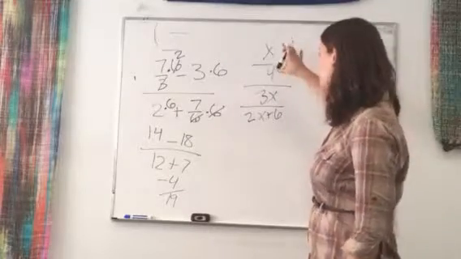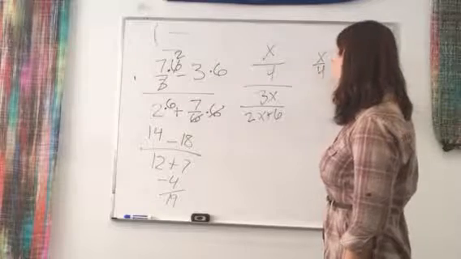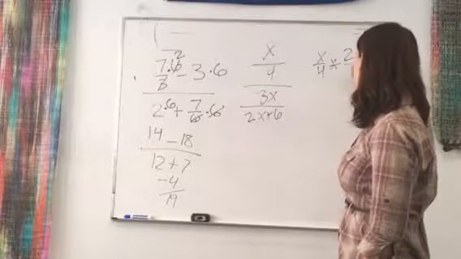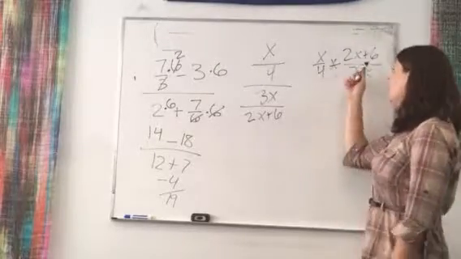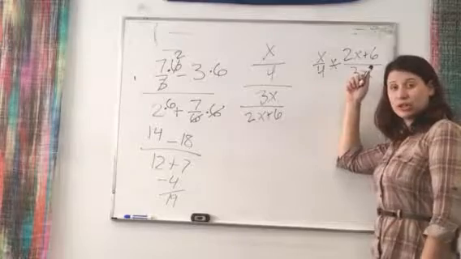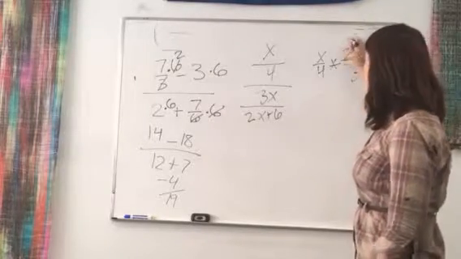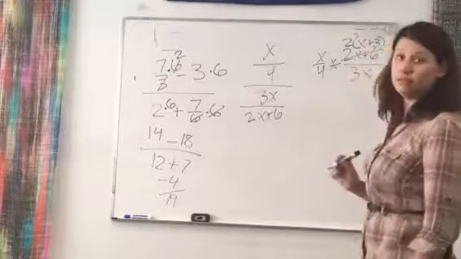We're just going to keep, change, flip. So x over 4 times 2x plus 6 over 3x. Now we should notice on this 2x plus 6 portion, that's factorable. We can factor 2 out there. So that would be 2 times x plus 3.